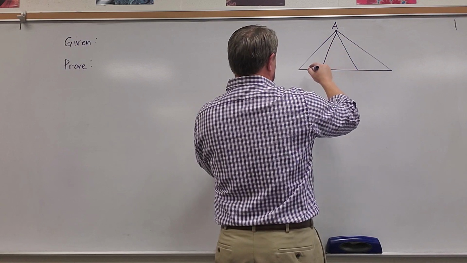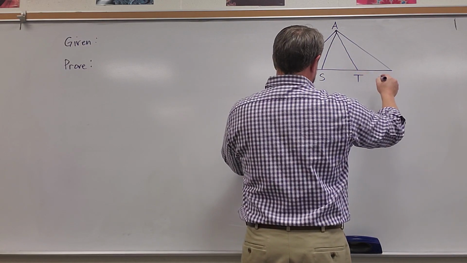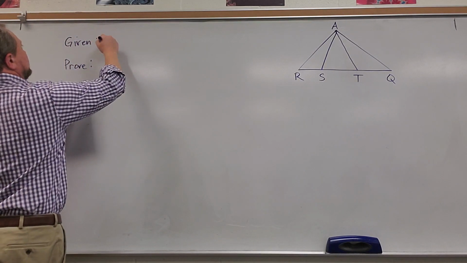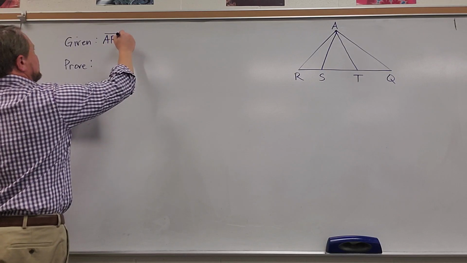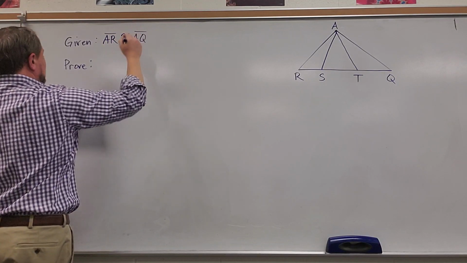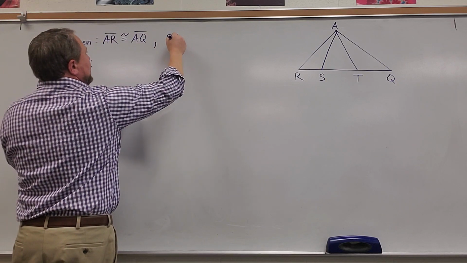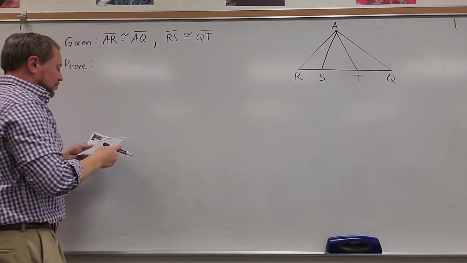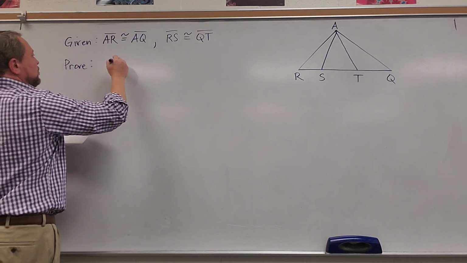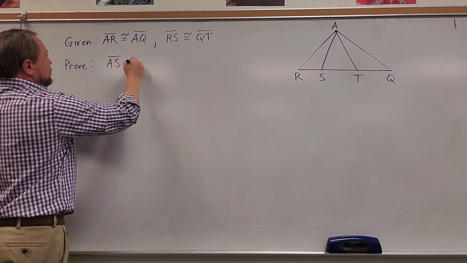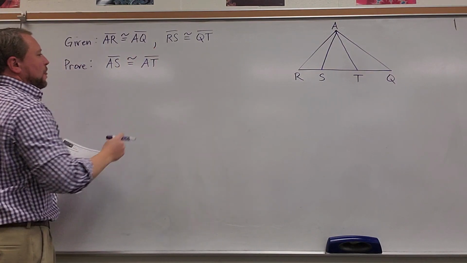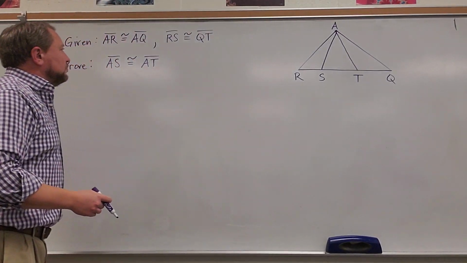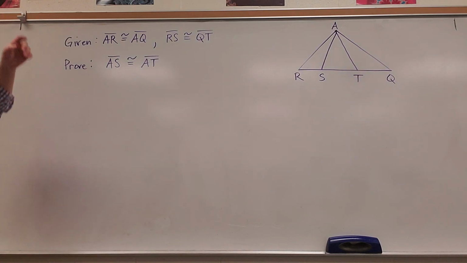There's A, R, S, T, Q. Under our givens, I'm going to give you that AR is congruent to AQ, and RS is congruent to QT. And in the end, I'm going to prove that AS is congruent to AT. Okay.